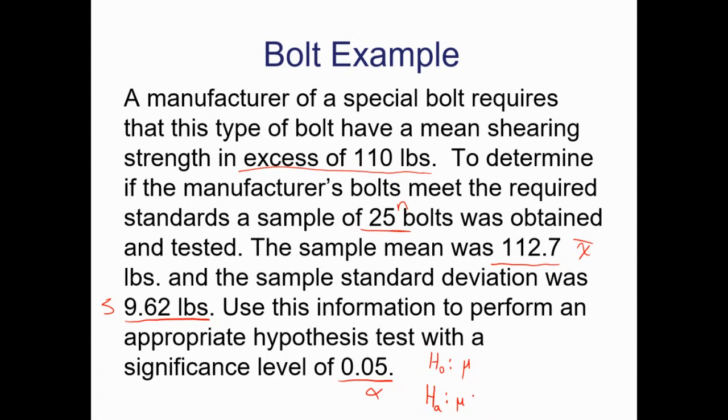Alternative would have to be what? Mu is greater than 110, which means the null is mu less than or equal to 110. And keep in mind that mu is the true mean shearing strength.